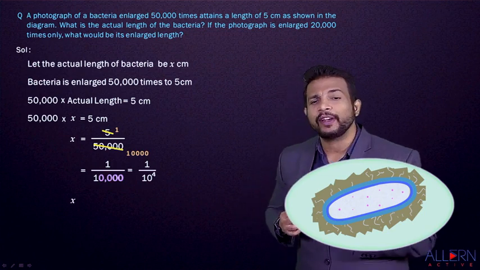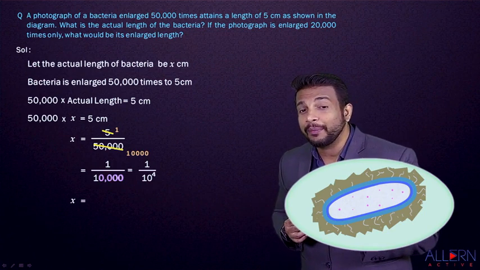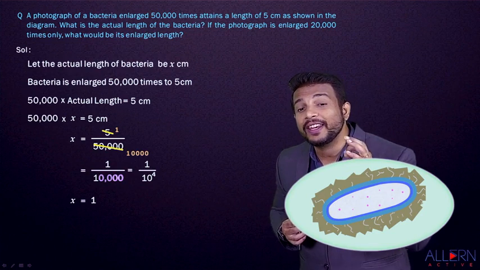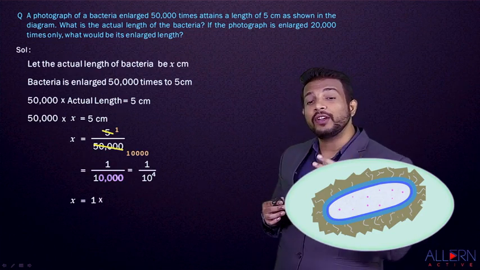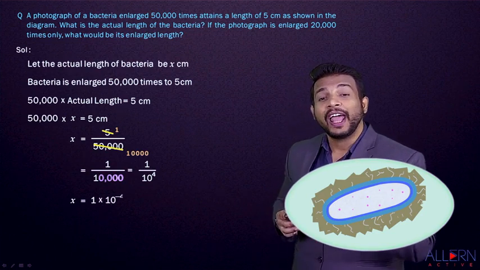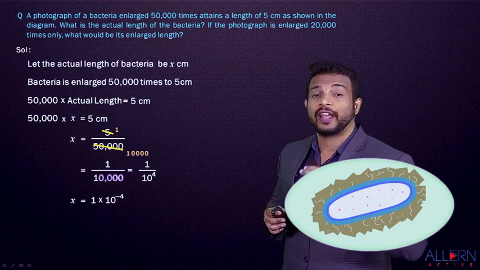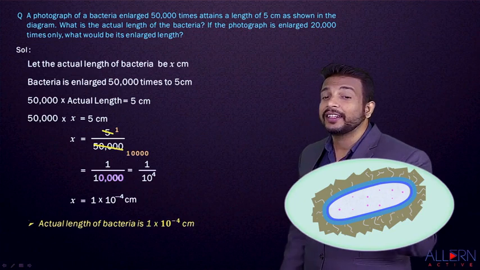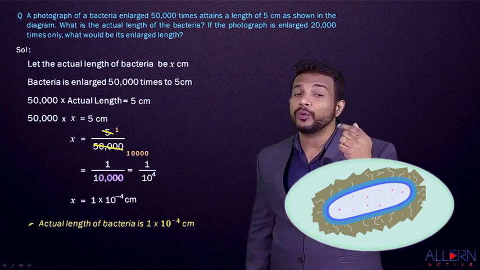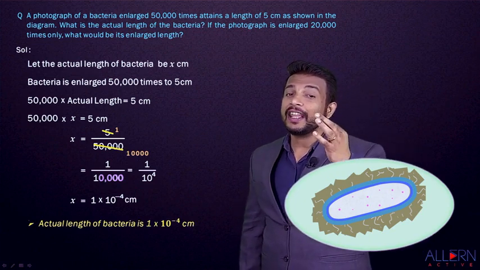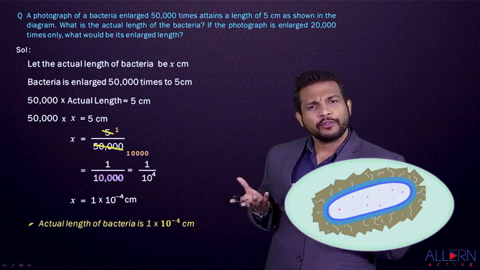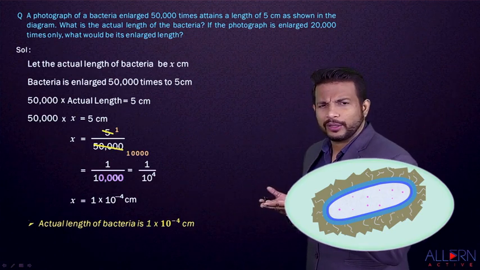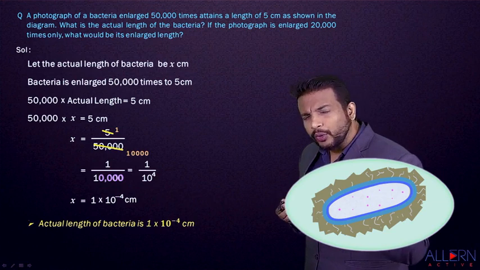So according to the law of indices, 1 upon 10 raised to 4 can be written as 10 raised to minus 4. So this can be written as 1 into 10 raised to minus 4, and that is the value of the actual length of bacteria. That means we can now write the final answer there, that the actual length of bacteria is 1 into 10 raised to minus 4 centimeter. So we got the first part. Wasn't that easy? This is too easy to write. Very simple. Let's go on to the next part.